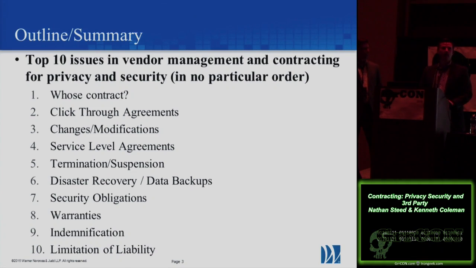One thing I want to caution, though, before we jump into the material is that there is sometimes a temptation when we cover it this way to look at these provisions and topics as silos within an agreement. And that's not really the best way to look at a contract. You really need to look at it holistically and recognize that sometimes if you're going to give up in one area, you can often make those provisions up somewhere else in the agreement.